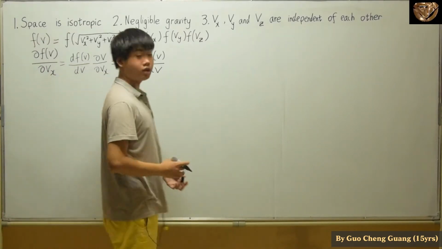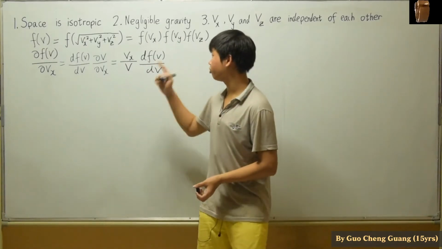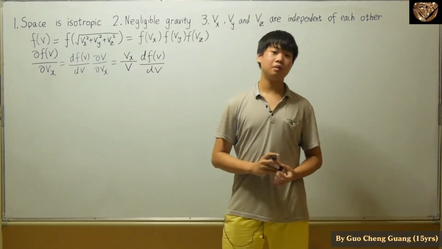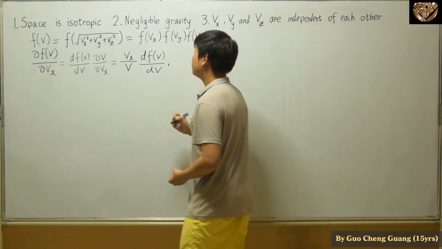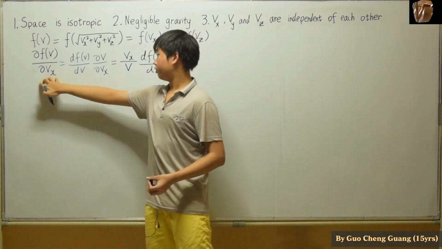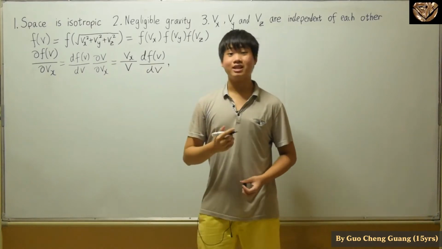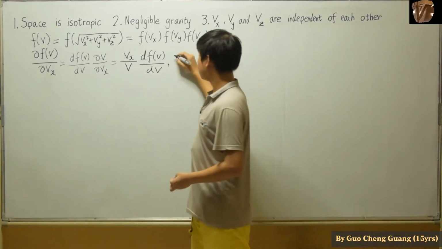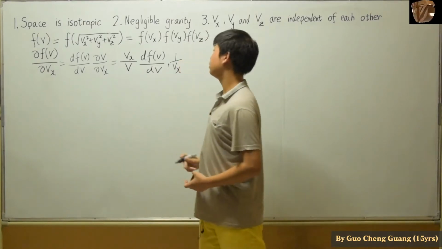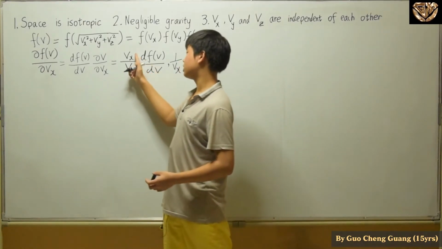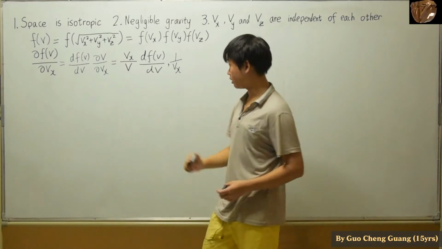Now of course, you can choose to change its form a little bit. Now what do I mean by changing its form a little bit? You could take the first part and the last part as an equation. So how does it work taking it as an equation? 1 over vx. So let's just say you divide this to the other side.